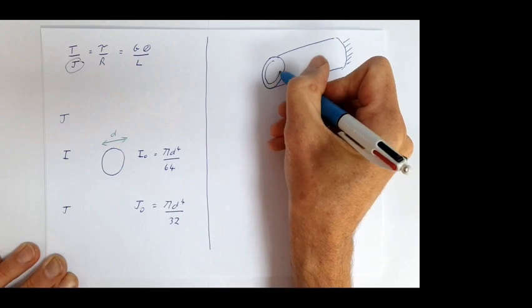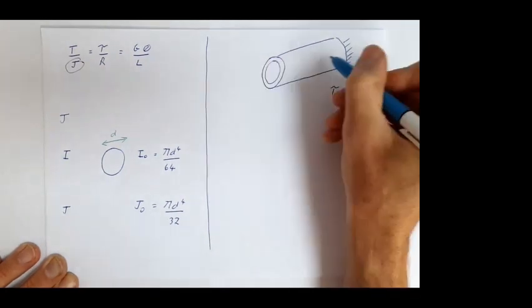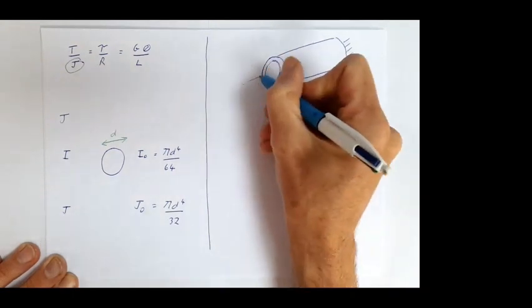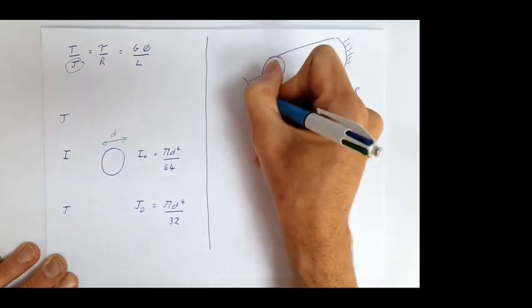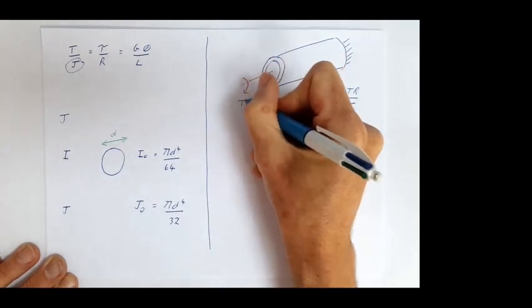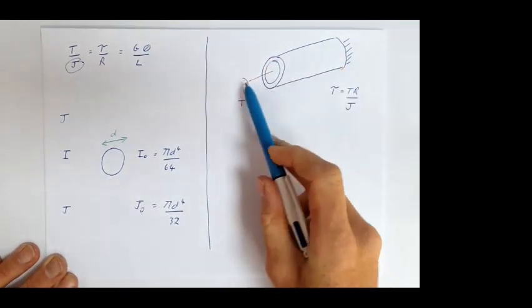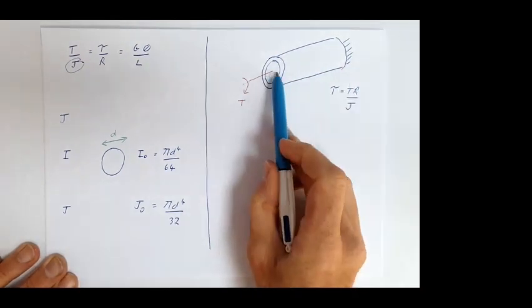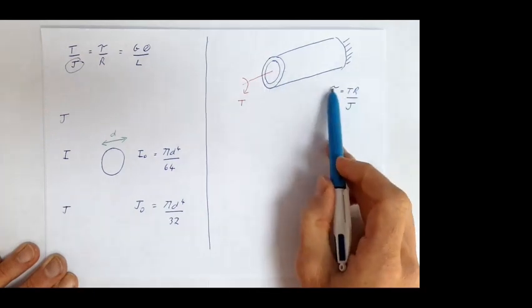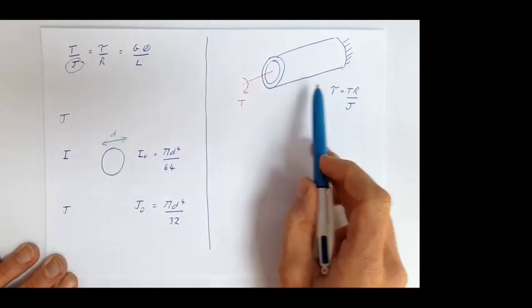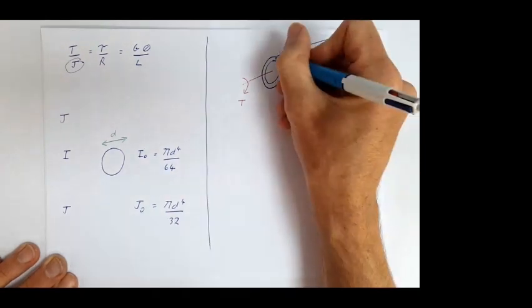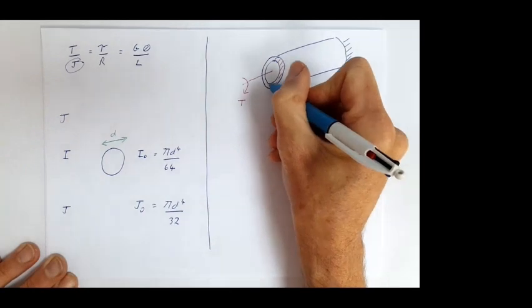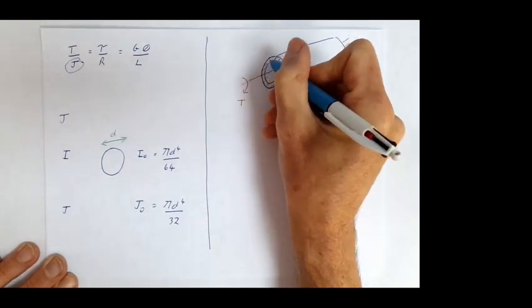So a lot of the time we'll end up with a hollow shaft when we're dealing with a shaft which is transmitting a torque, whether that be a prop shaft or whatever. Radius is the distance from the center, and as it approaches 0, the shear stress approaches 0. It's not really doing a lot. So clearly we're going to need to be able to calculate J for a hollow section.